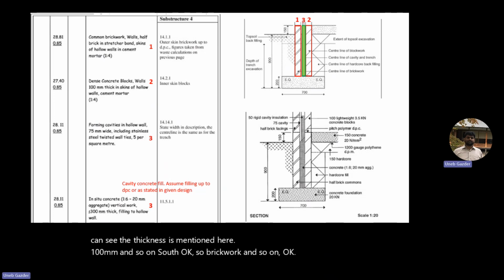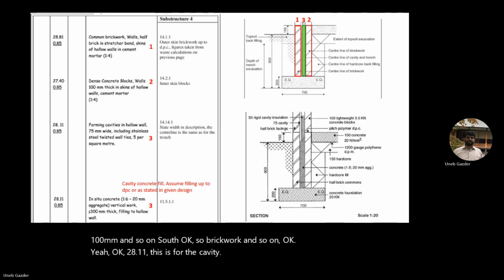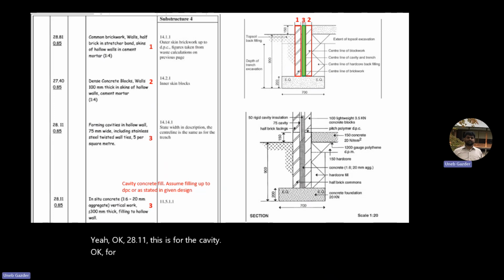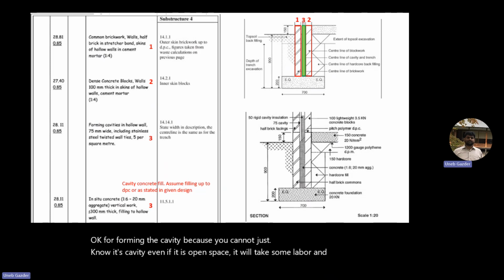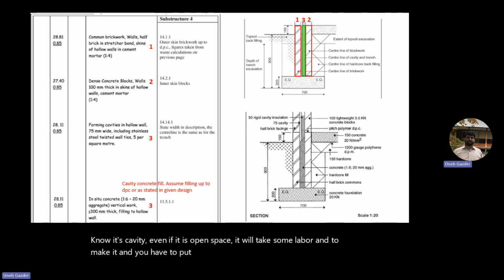Okay, 28.11. This is for the cavity. For forming the cavity, even if it is open space, it will take some labor to make it, and you have to put some ties between the wall, so there should be connection.